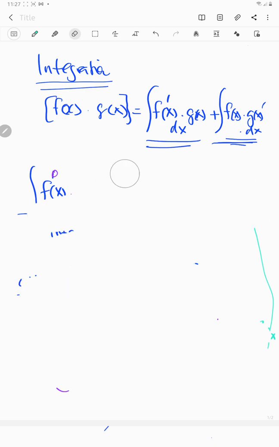Now I can rewrite it better so that we can complete the calculations.